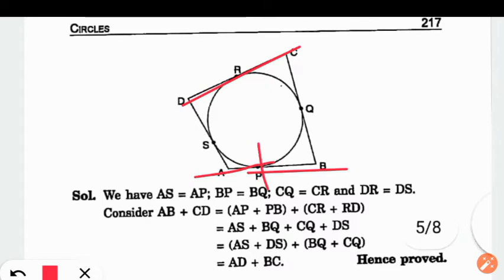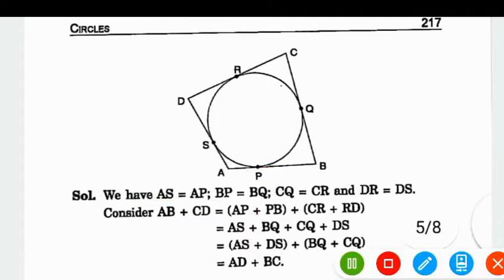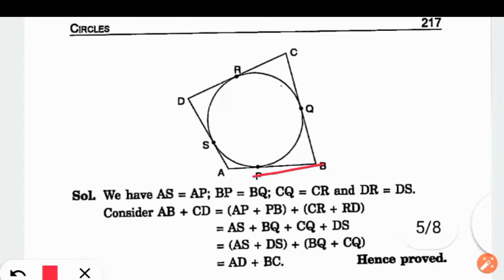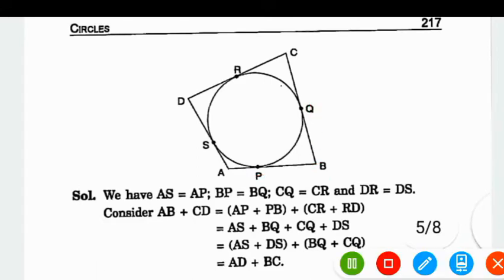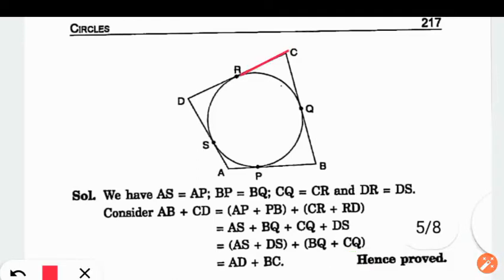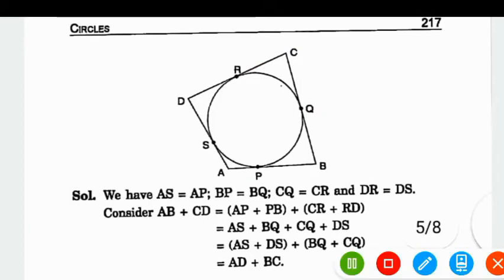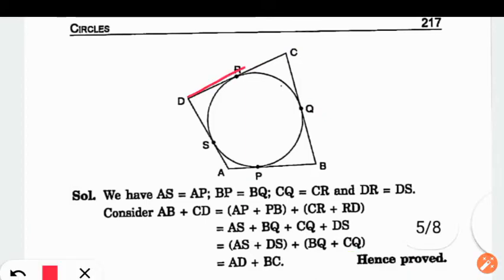Now we know AP and AS both are equal, so in place of AP, we can write AS as they are equal. Similarly, in place of PB, we can write BQ. In place of CR, we can write CQ as both are equal. And in place of RD, we can write DS, right?